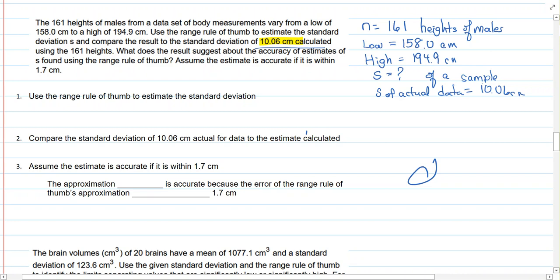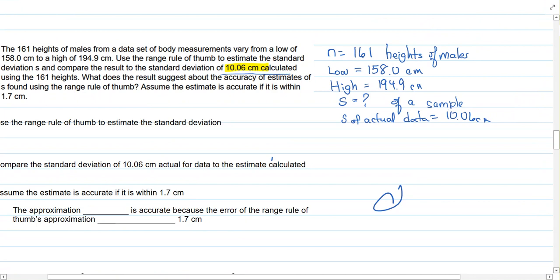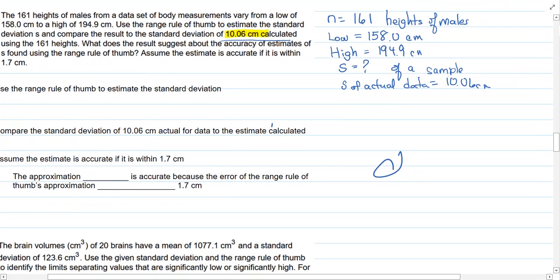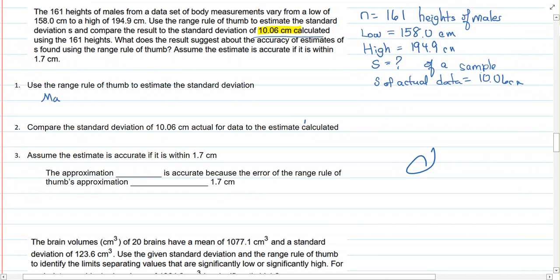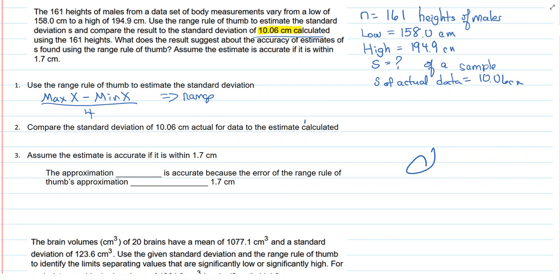All right. So the rule of thumb is that we take the max X minus the min X, which is the range, and we're going to divide by 4, for those partitions of 2 standard deviations around the mean.